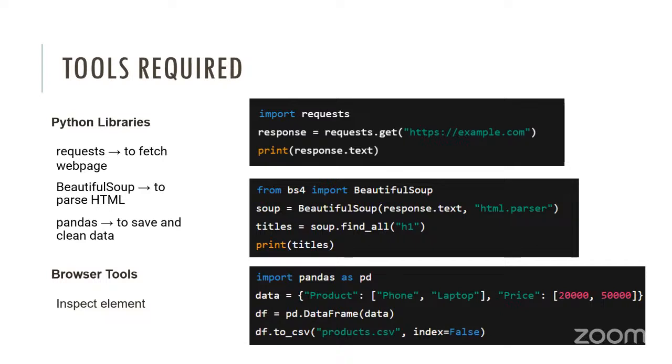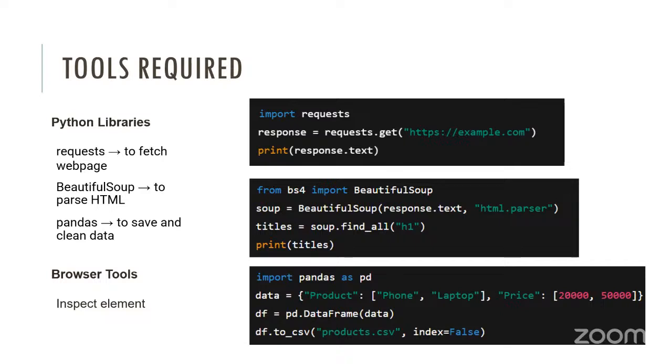For example, you can see in the code that requests.get sends a request to the website, and response.text shows the HTML code of that web page. The second library is Beautiful Soup.